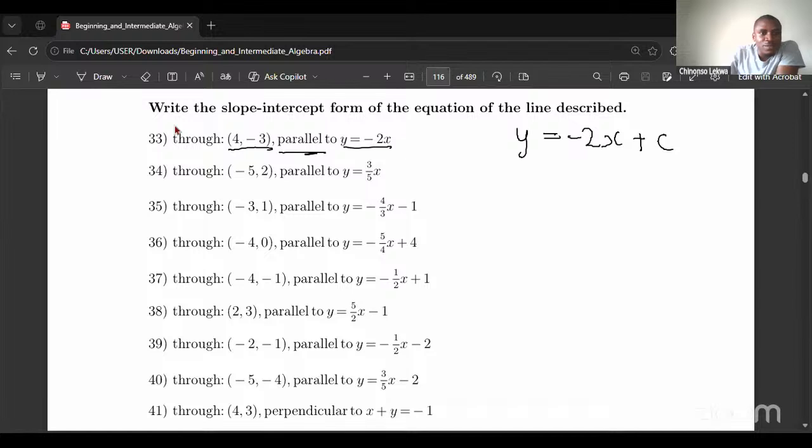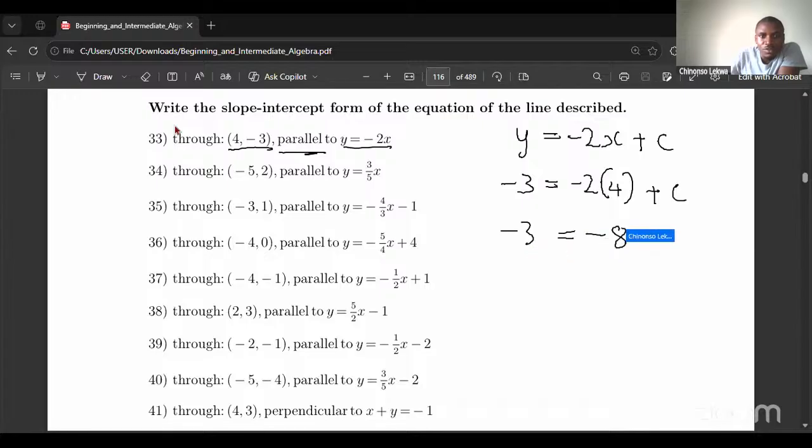To get the y-intercept, all I need to do is plug in the values of x and y in the equation. When y is -3, x is 4, so that will be -3 is equal to -2 times 4, plus c. I'm left with -3 is equal to -8 plus c.